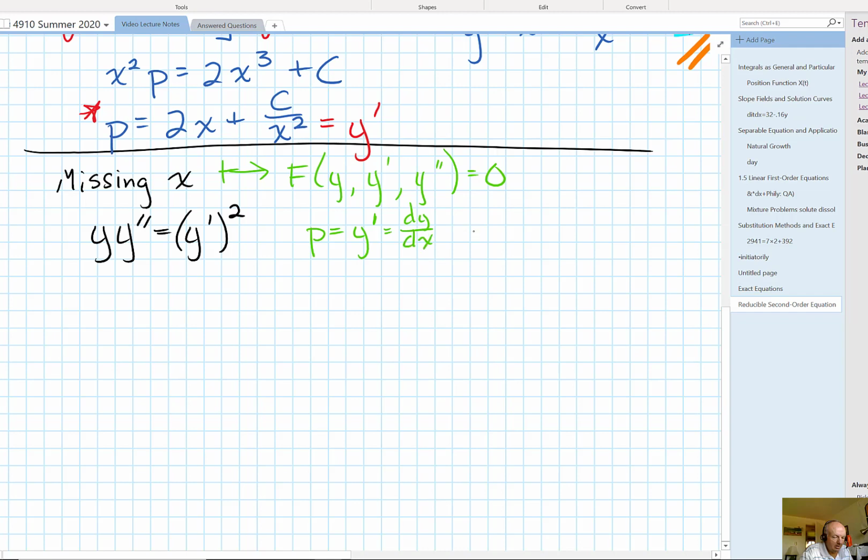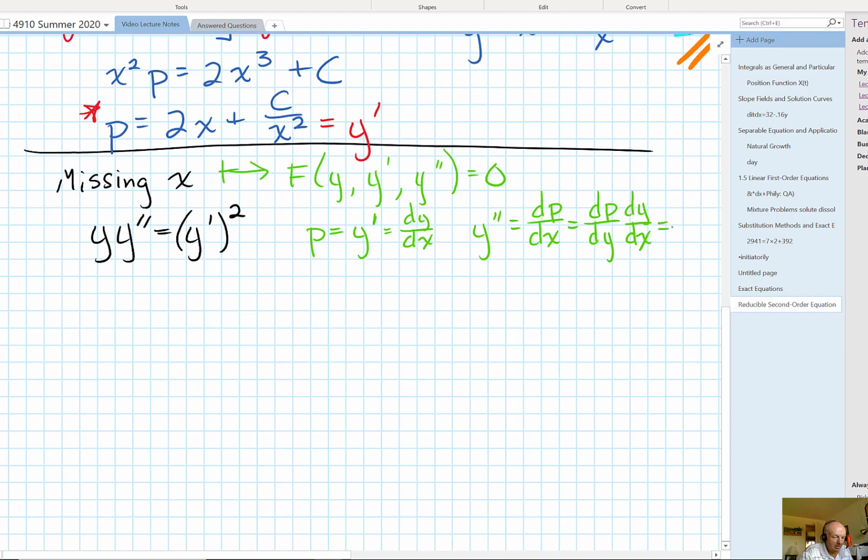And then that means y double prime is the derivative of p with respect to x, of course. But p is a function of y as well as x, so we have to use the chain rule. To find the derivative of p with respect to x, we first take the derivative of p with respect to y, and then, using the chain rule, the derivative of y with respect to x.